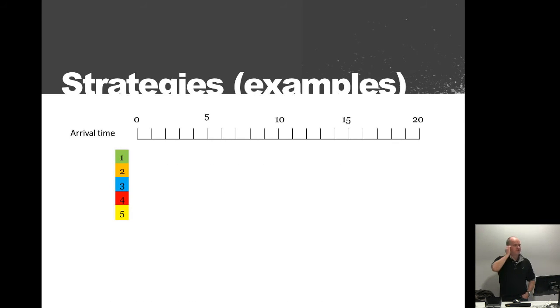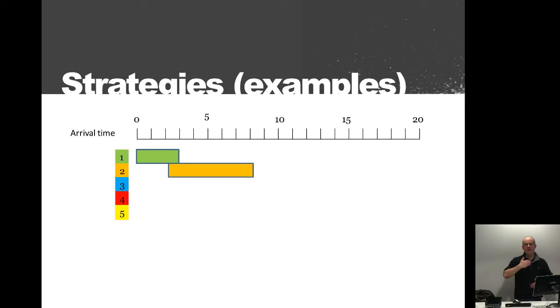Okay, so we are going to look at different strategies. Let's assume that we have one processing unit and 5 different applications. We have a third application, which would take 3 units of processing power in order to be completed. We have another application, which the user is going to launch a bit later on, but that will require a longer time.